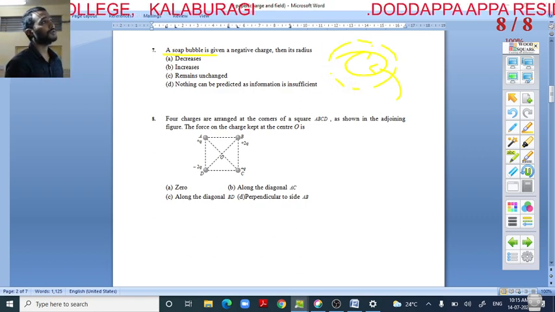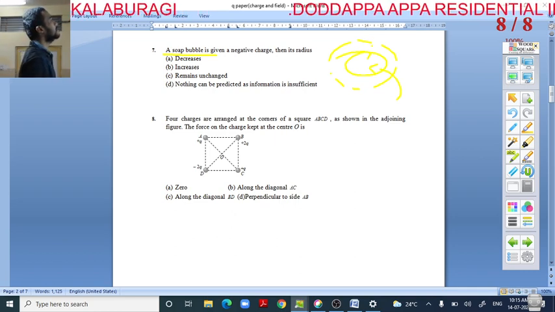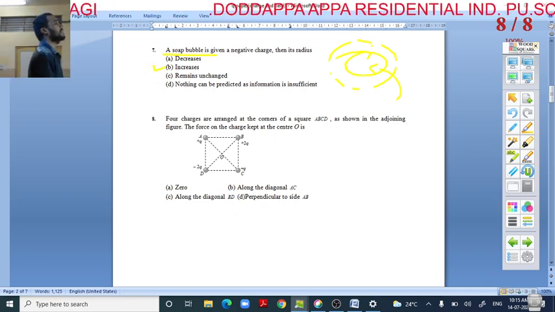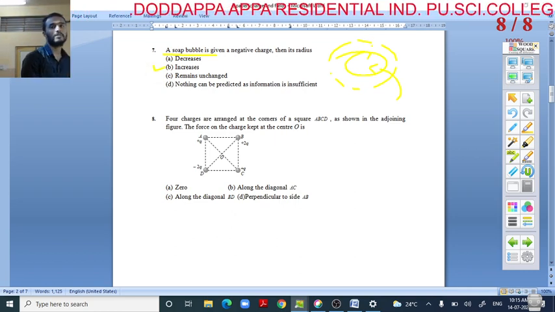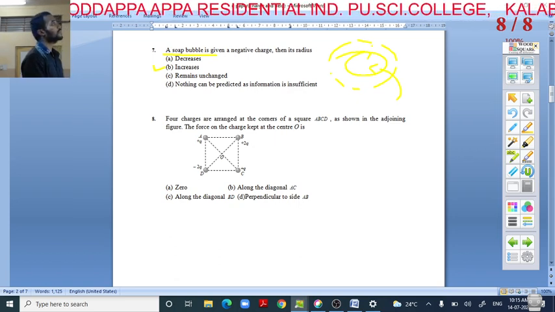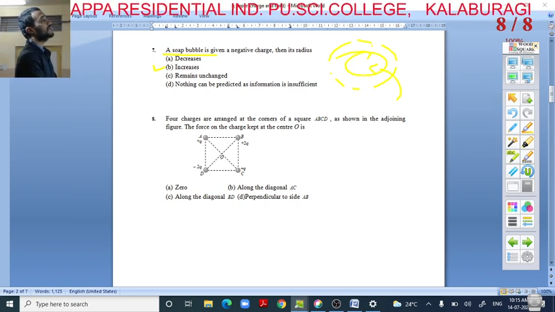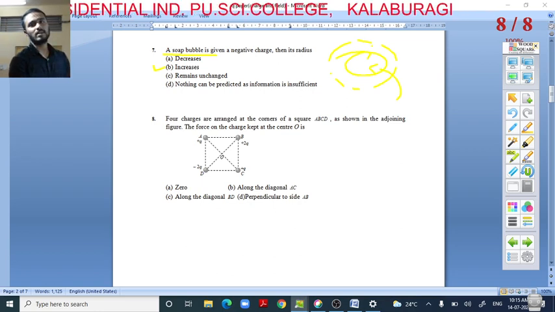So our answer is the second option. As a soap bubble is given a negative charge, its radius increases.